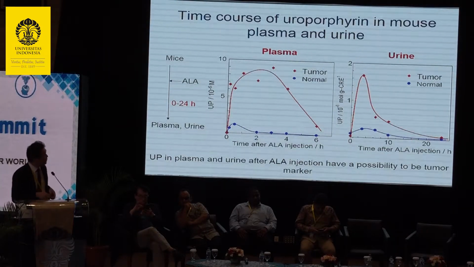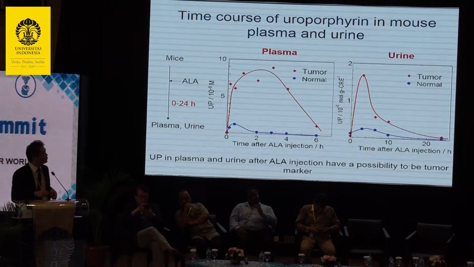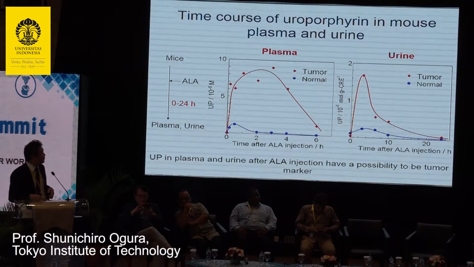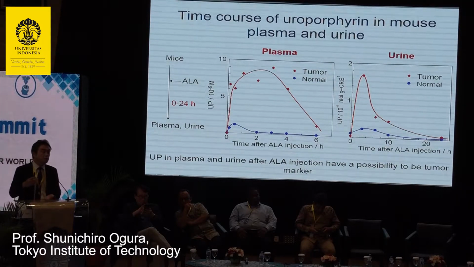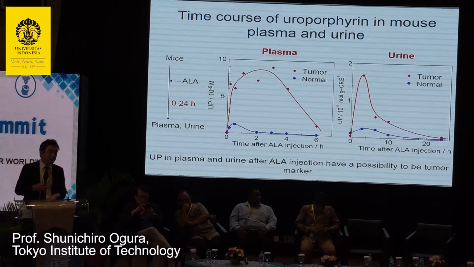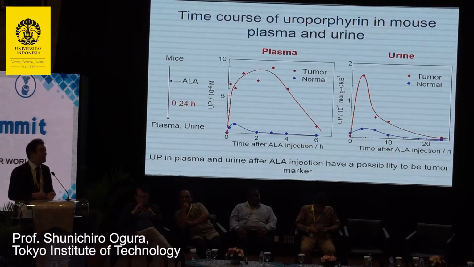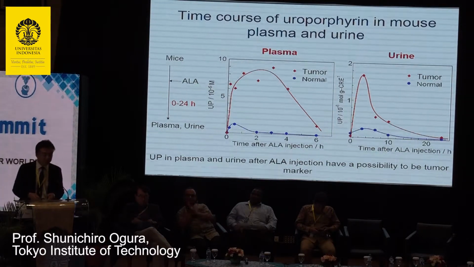This is the final slide. We checked mouse plasma and mouse urine concentrations, and in the tumor-bearing mice, the plasma concentration and urine concentration are elevated. So we think these techniques can be applied for tumor markers and early tumor detection. Thank you very much for your kind attention.